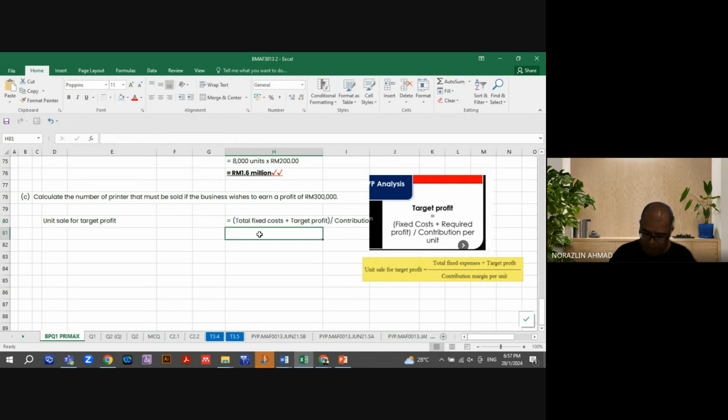Or fixed cost plus required profit divided by contribution per unit. It is the same. The formula is the same.